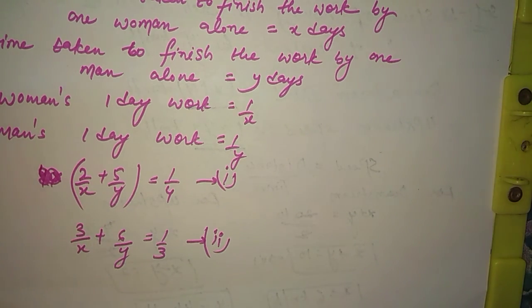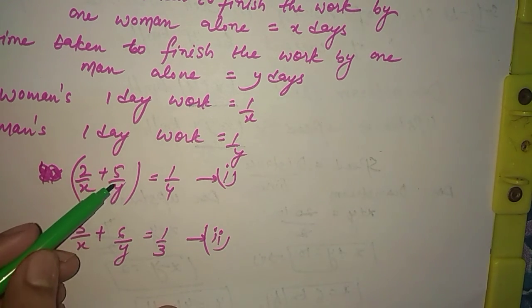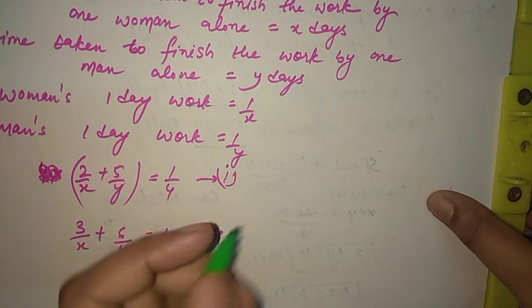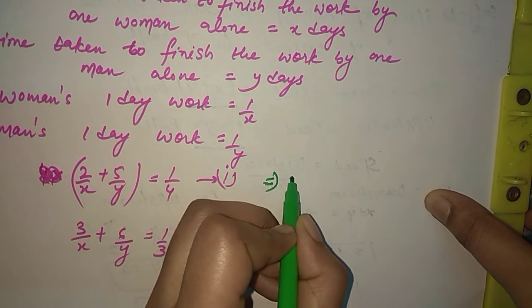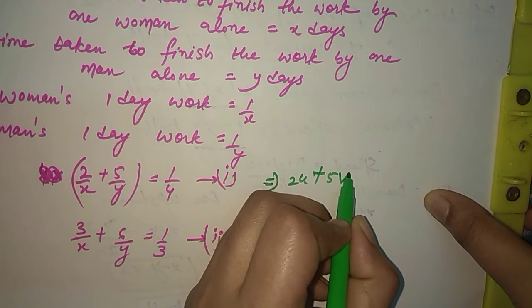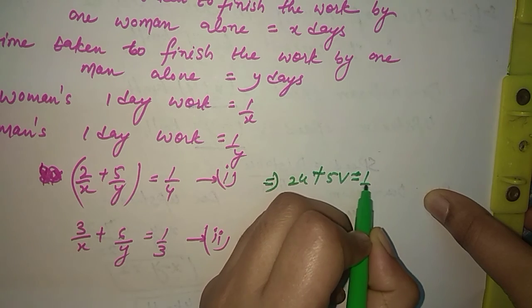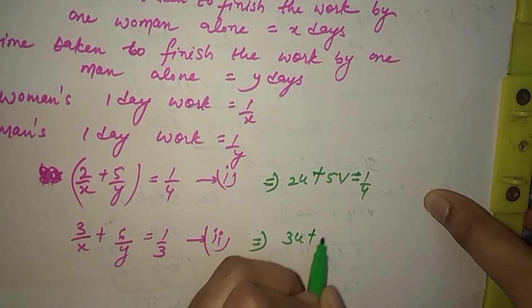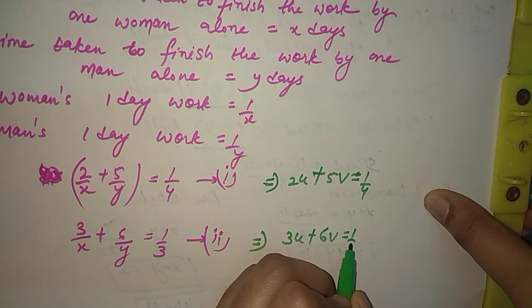By any of the methods, by supposing these again as new variables. Let 1 by X be U and 1 by Y be V. We have a simple pair of equations, that is 2U plus 5V is equals to 1 by 4. And here we have 3U plus 6V is equals to 1 by 3.